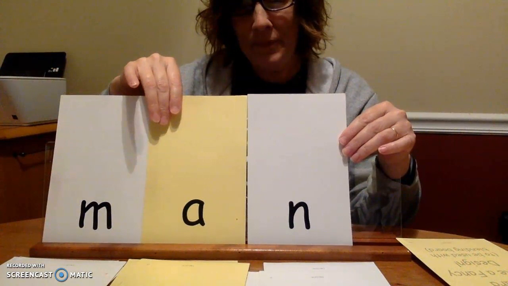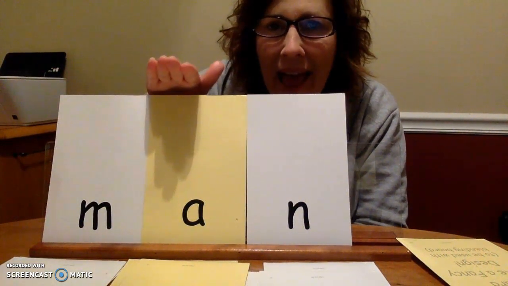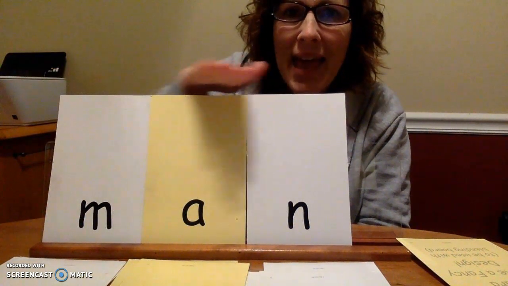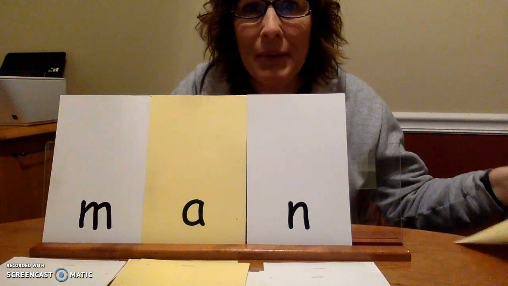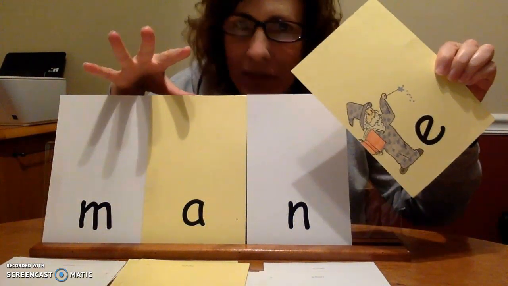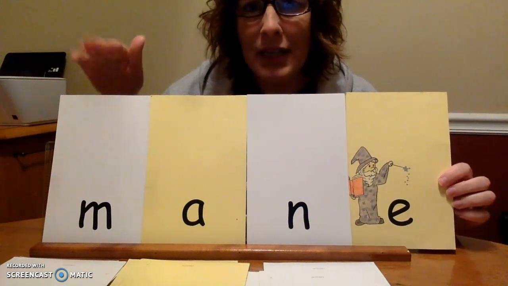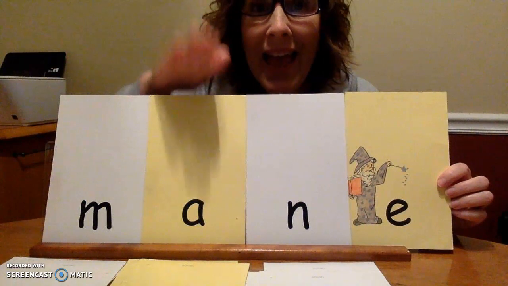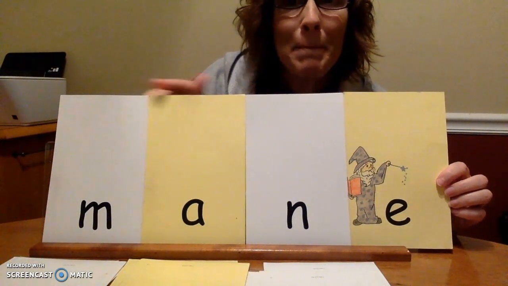Okay, let's blend this one. Can you help me? Man. What's going to happen when magic E comes along? Here comes magic E. Gives his power to the A. Now let's see what the word is. Mane.